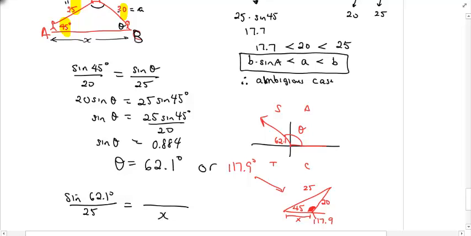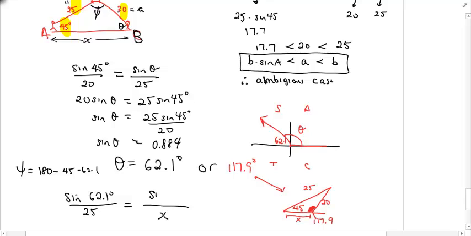That something is this missing angle, so let's call that angle, I don't know, dagger. Dagger equals 180 minus 45 minus 62.1. That's 135 minus 62.1, how about 72.9?